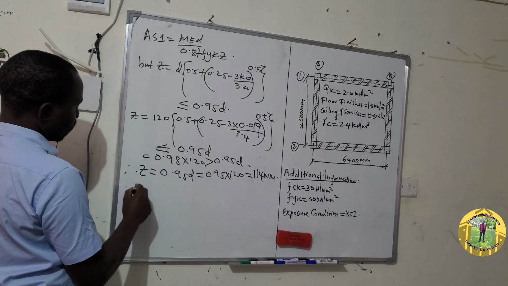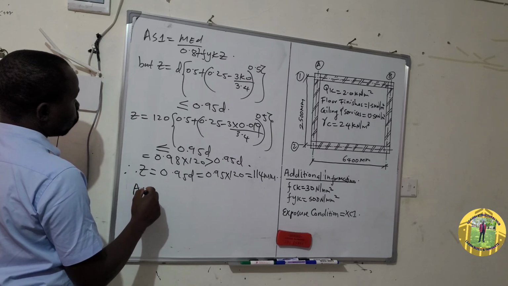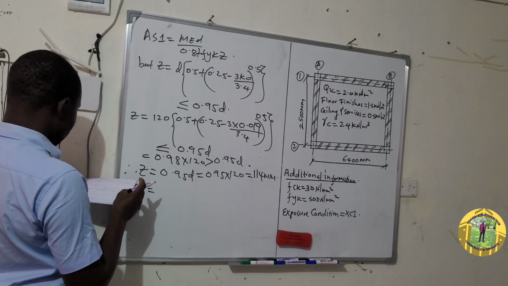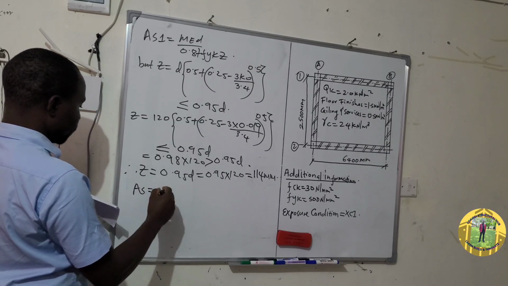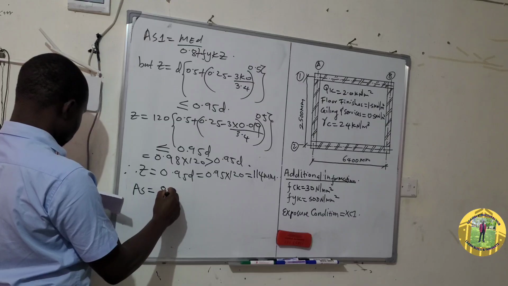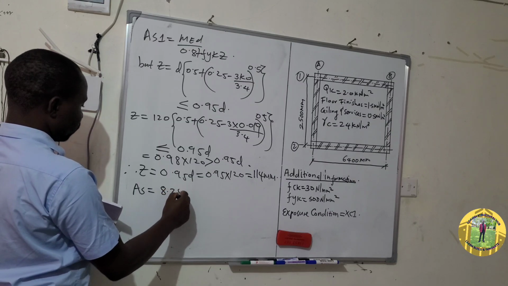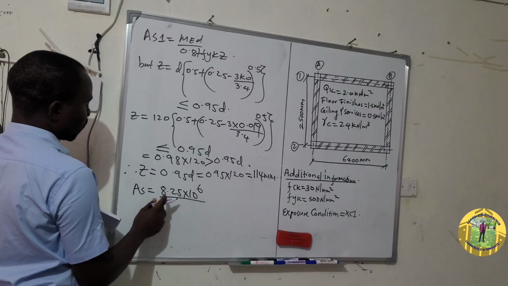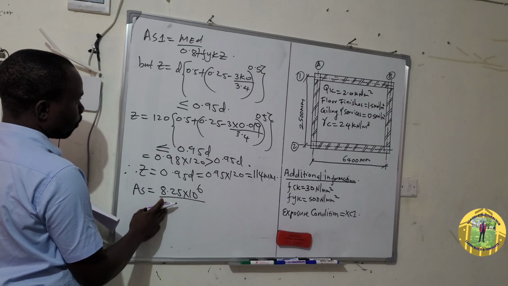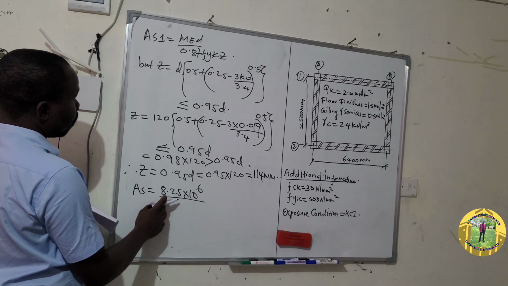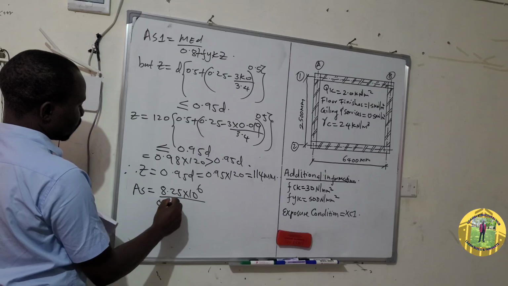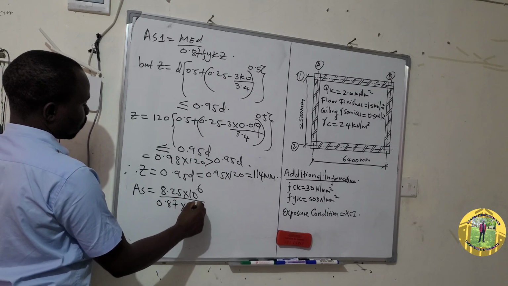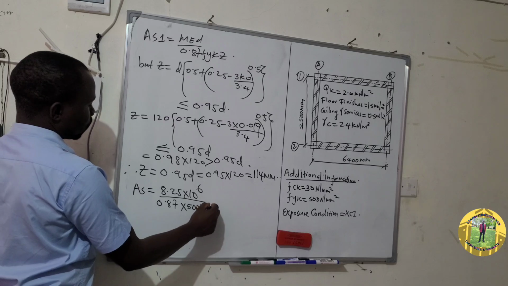So area of steel is equal to M ED, which is 8.25 times 10 to the power of 6, changed from kilonewton meter to Newton millimeter, all over 0.87 times 500 times 114.